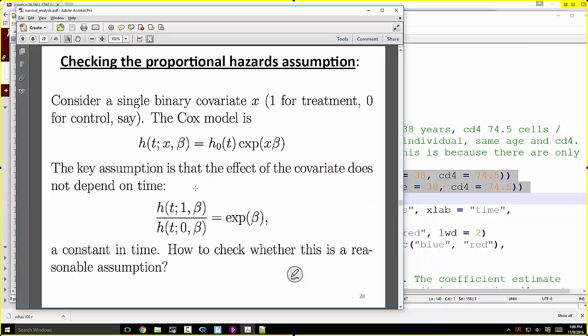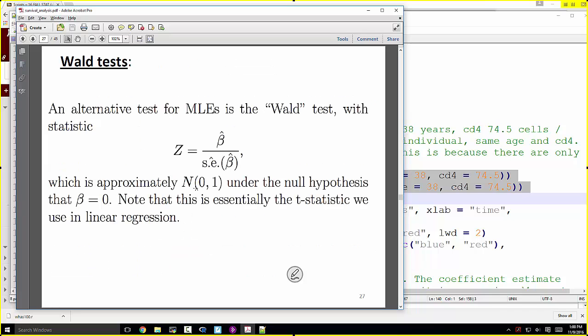Okay, I'll leave this for later, but when we're doing Cox proportional hazards, we are going to want to think about whether the assumptions that it makes are reasonable, because it does make a kind of big assumption. The proportional hazards assumption is a big assumption. It's nice because it allows us to not have to specify a distribution, but it needs to be checked. We'll get to that next time.